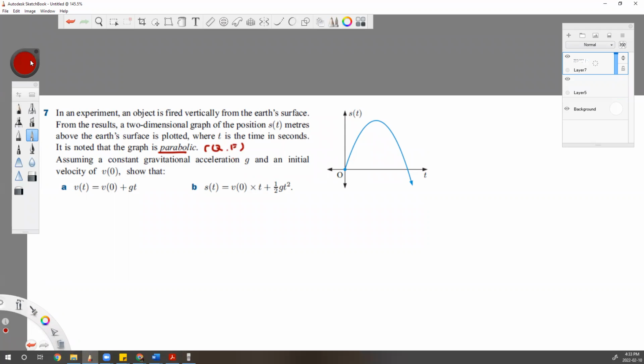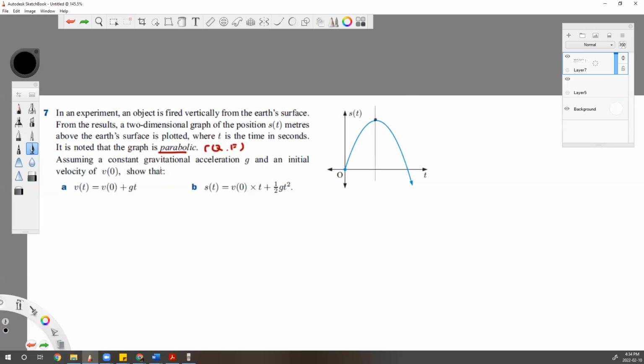So you need to pick one point as the vertex, and this is the vertex, and this is where the particle turns back to Earth's surface.